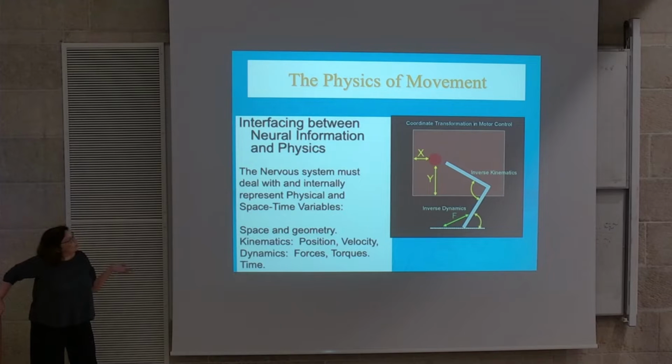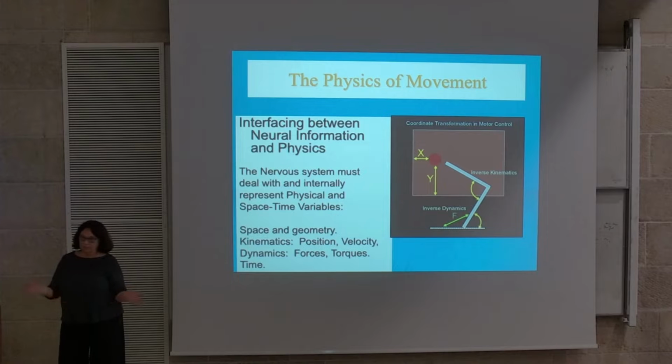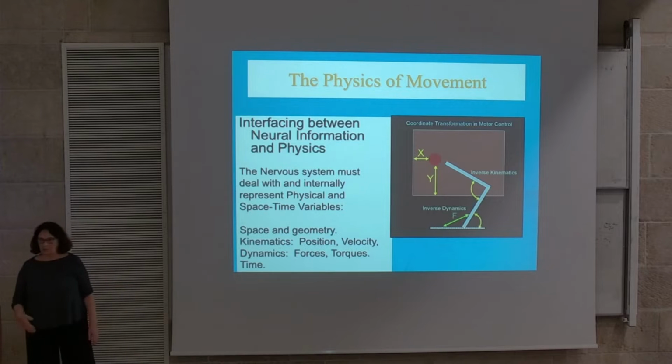Now, when we talk about motor control, we have to have an interface between information and physics. It's all obvious. And the nervous system has to deal with lots of questions that also arise in robotics, when researchers build robots.